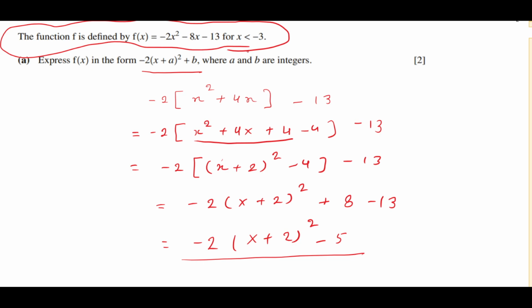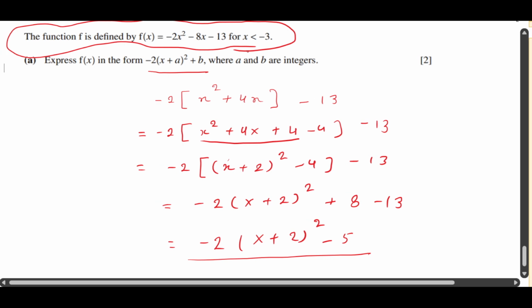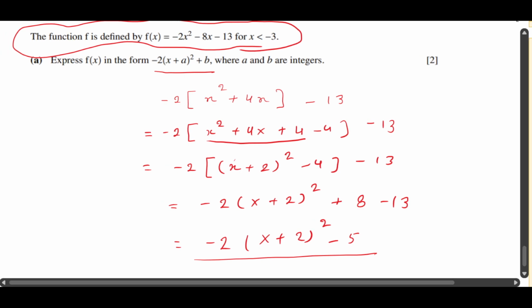It's x less than minus 3. So now keeping that in mind, you have to tell me what is the range of this particular function.